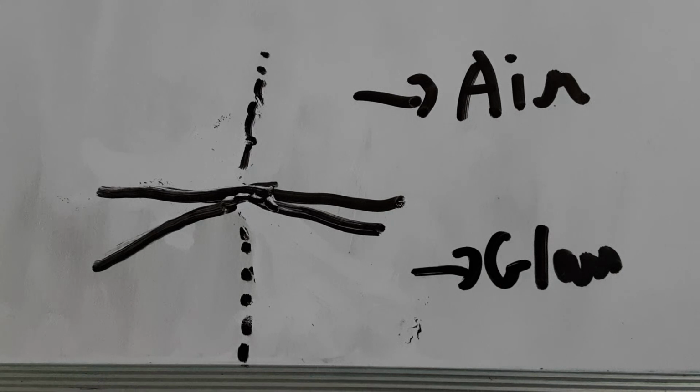For this, I need to make a new video, because why mirages happen is not a simple thing. It not only happens because of total internal reflection. There are many more things related to this, but mostly the mirages that we see happen because of total internal reflection. But there are other phenomena in mirages that you have to learn. So I would make a separate video for that.